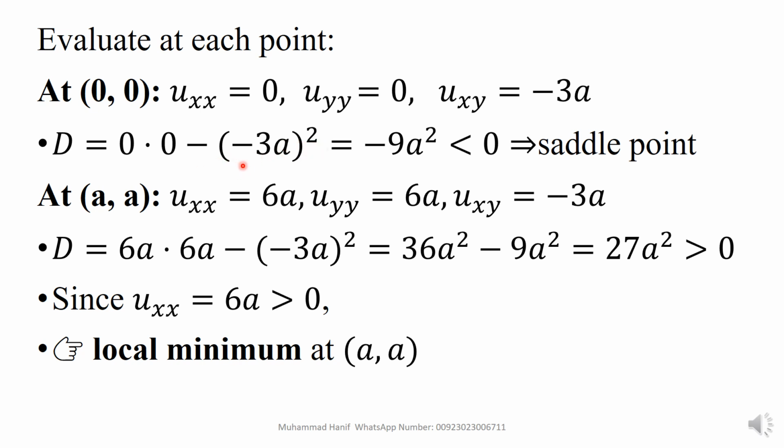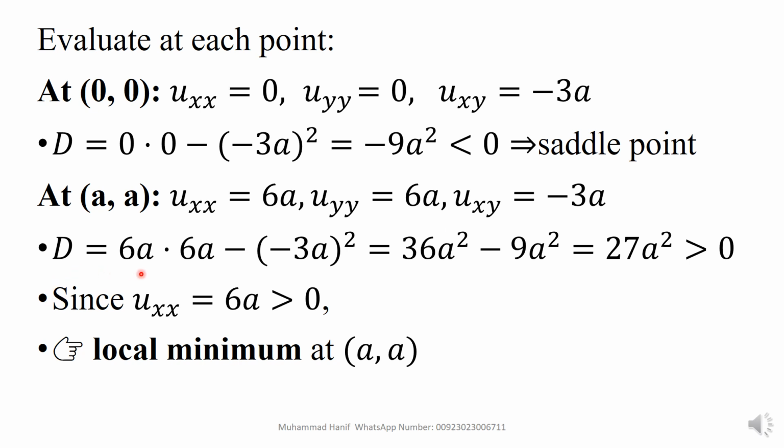Now we simplify, then we get minus 9a square, less than 0. Saddle point. At a comma a, uxx equal to 6a, uyy equal to 6a, uxy equal to minus 3a.